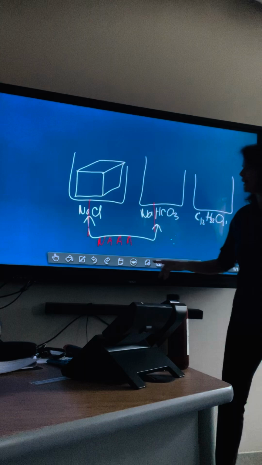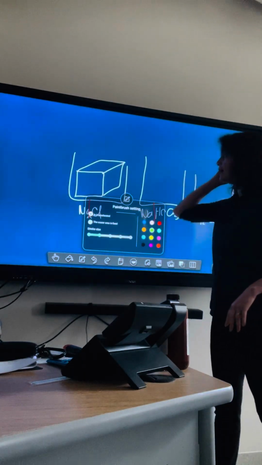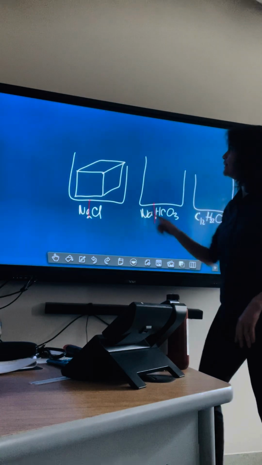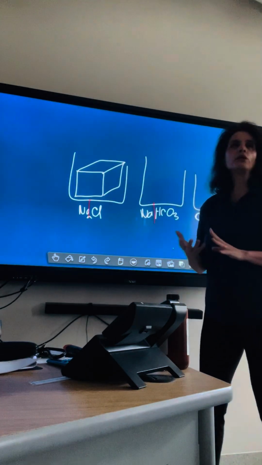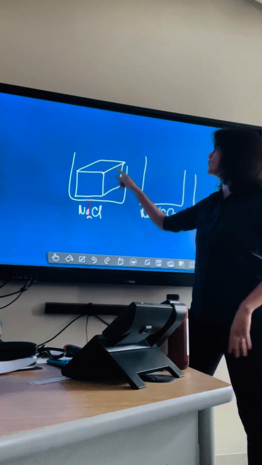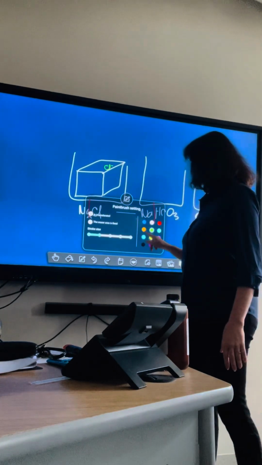So in these ones, when you put the sodium chloride in there, I'm only going to put the chloride, well, maybe I'll put them both. You're going to put the Cl- and the Na+, the little tiny Na+.